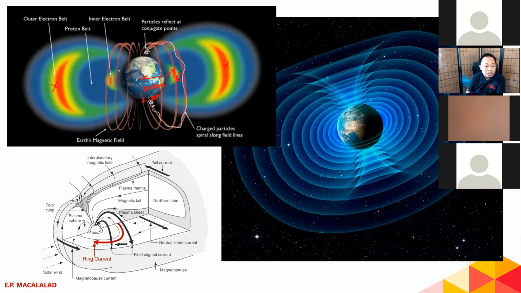So usually either nandito siya sa proton belt or below, sa inner electron belt. So hindi lahat ng places pwedeng lagyan ng satellite. Unless you want to measure the Van Allen belt itself, then you have to put satellites in the Van Allen belt.